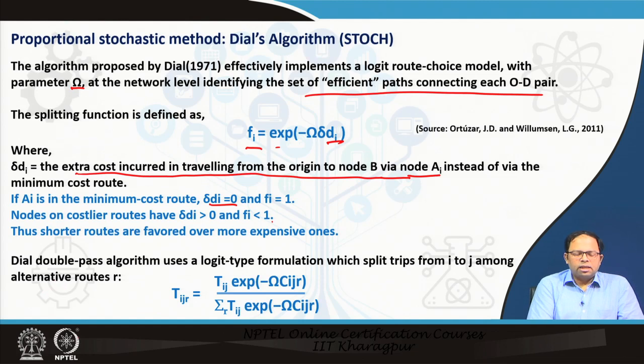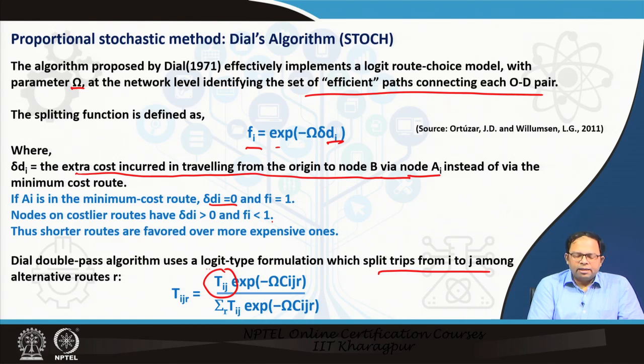So Dial proposed a double pass algorithm using a logit type formulation which splits trips from i to j among alternative routes r, where Tij is the total amount of travel between i and j.